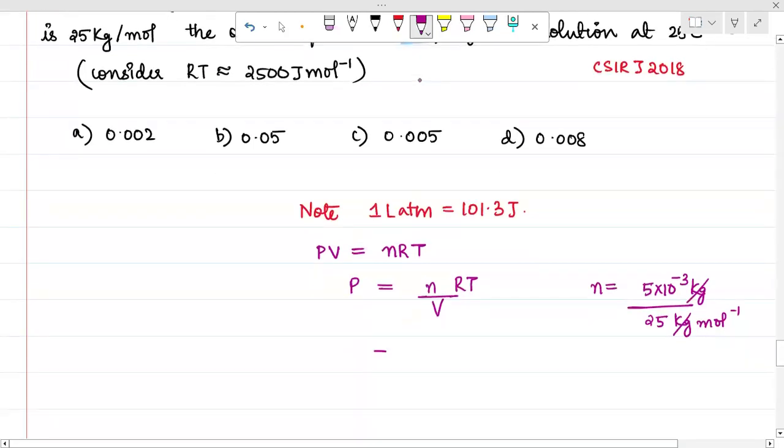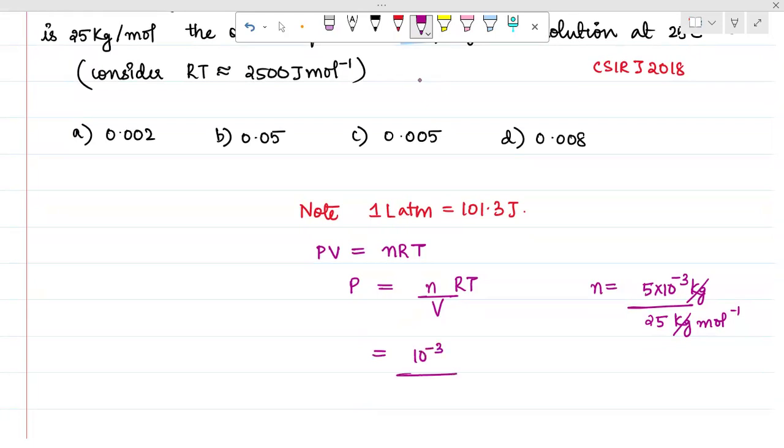Okay, so whatever it is, let that be over here, 10 to the power minus 3 by 5. I have cancelled this and I have kept 5 over there. This much of moles into, what is RT? RT is 2500 joules per mole. Again, mole and per mole gets cancelled. Whatever you get is in joules.